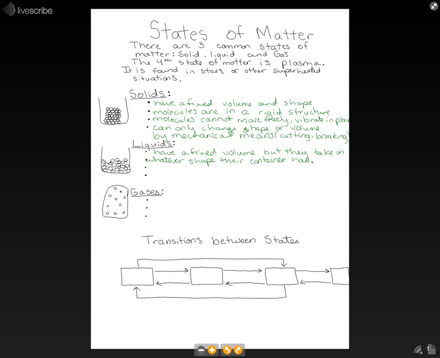So now we're going to see that the molecules can slide by each other, and that's what allows it to take on whatever shape the container has. And just kind of an interesting fact is that the volume of a liquid is usually greater than that of its solid.